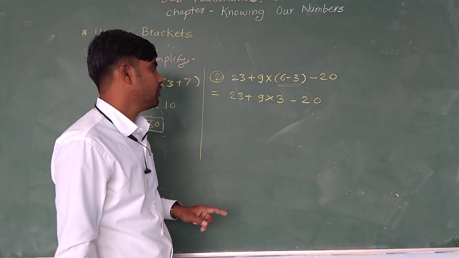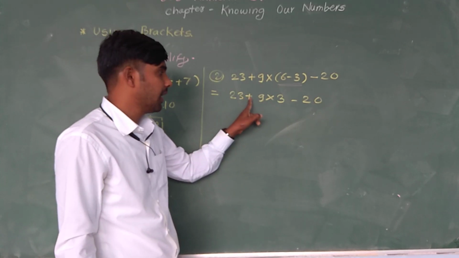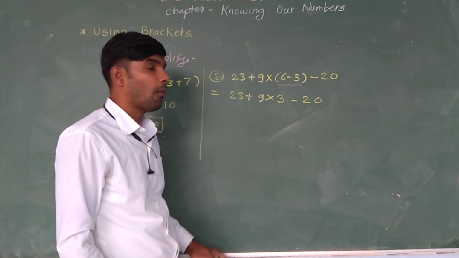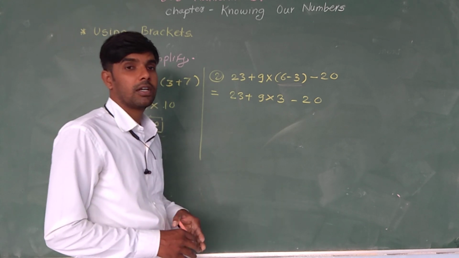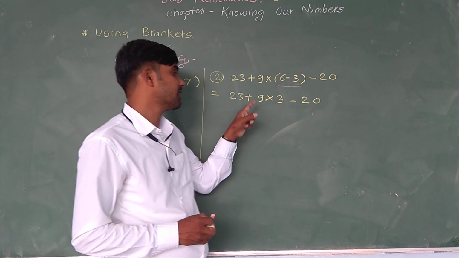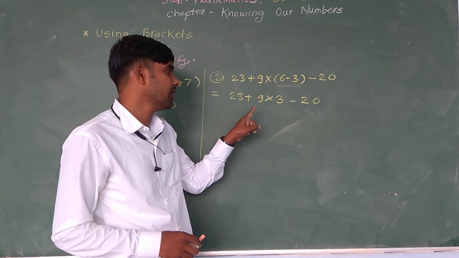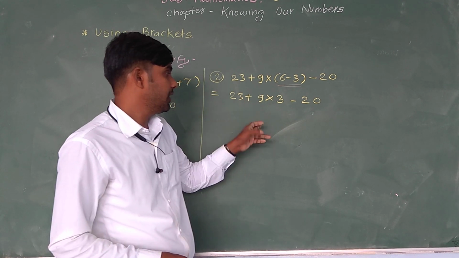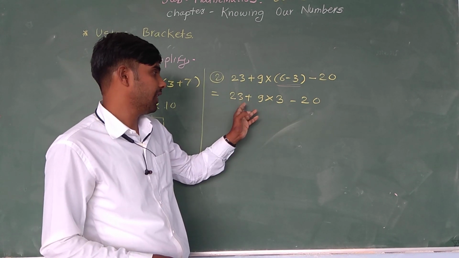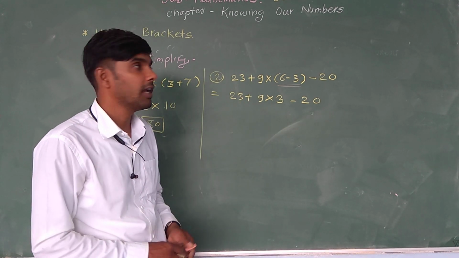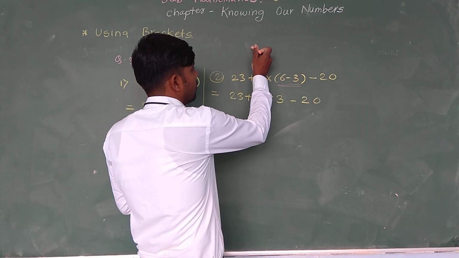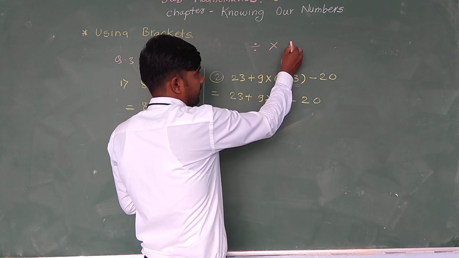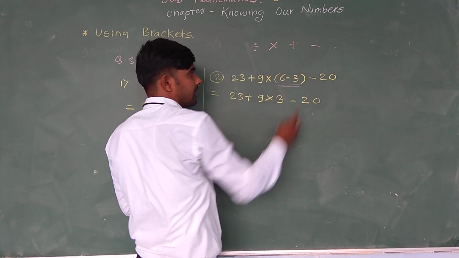Now which operation do you have to do first here? Plus, multiplication or minus. Okay. We will learn the BODMAS rule, that is bracket, of, division, multiplication, addition, subtraction. First division, then multiplication, addition and subtraction.